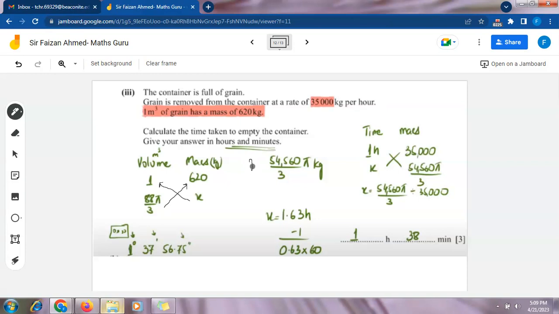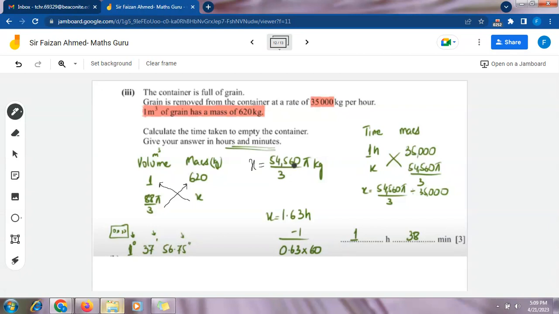The value of x, which is the mass, comes out as 54,560 pi upon 3 kilograms. So this is the mass we have in our container, and we have to empty this mass.